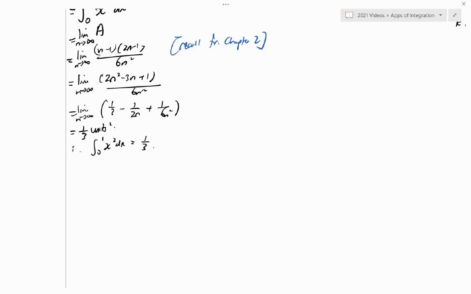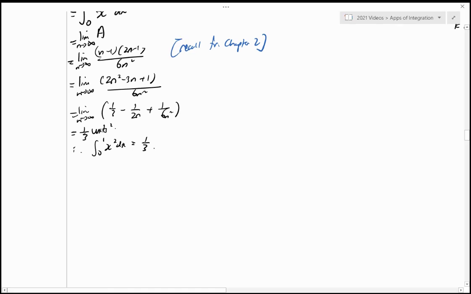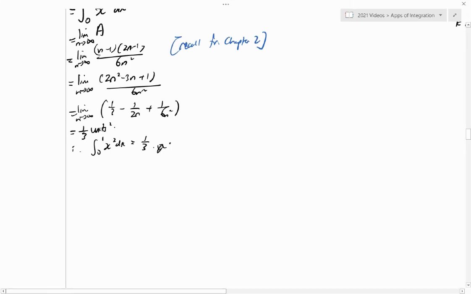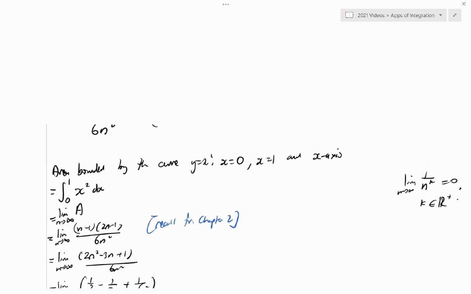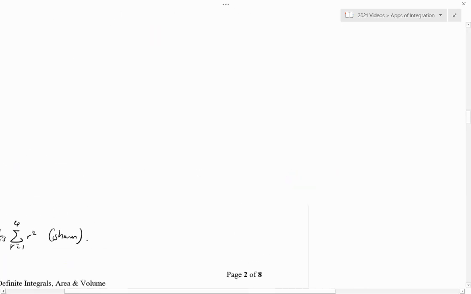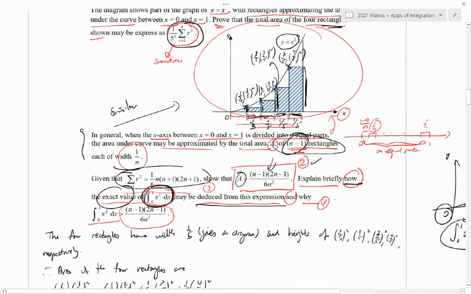Okay, so that's how you deduce the exact value of this integral. All right, lastly, we need to show why the definite integral of x squared dx from 0 to 1 is larger than this particular expression.